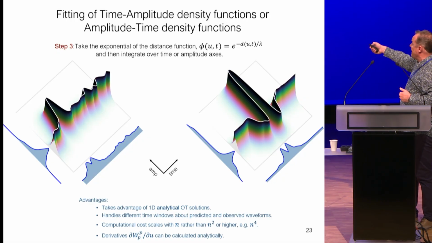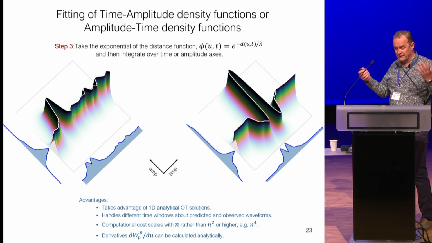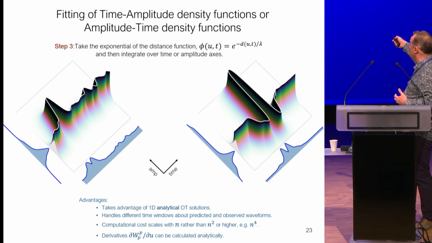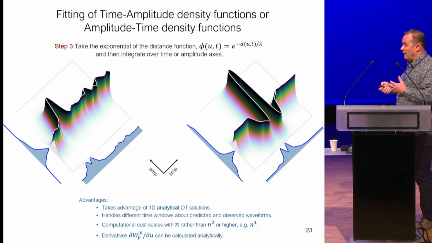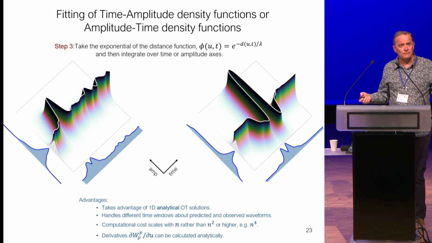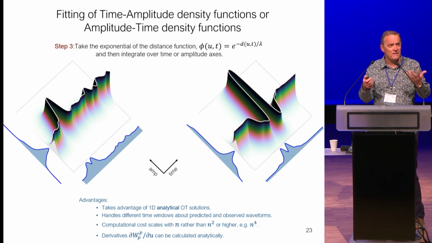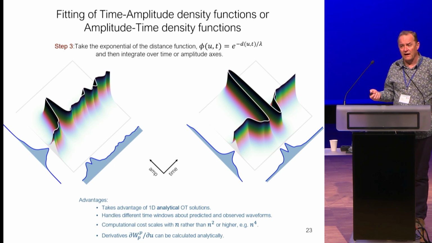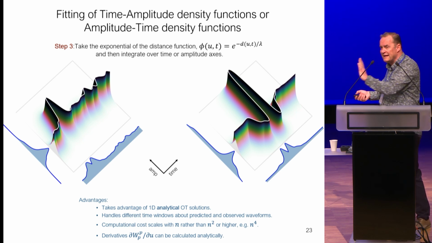So I now have 2 surfaces, and I'd like to compare them: 2 time series that have been turned into surfaces, where the ridge of this function here is the original time series. Now, I could do this via 2-dimensional optimal transport, but time series have a very particular property in that they are unique in time.